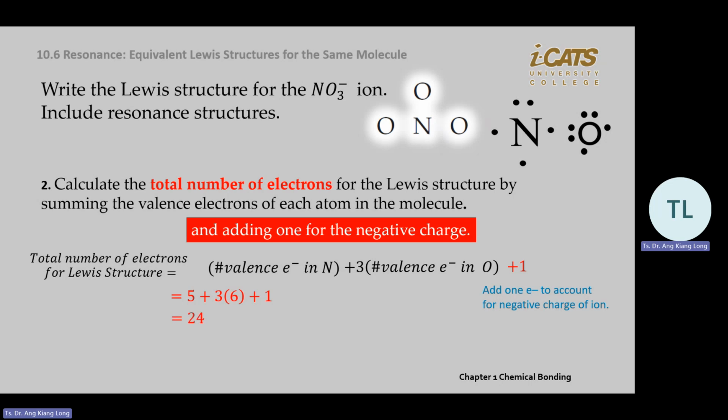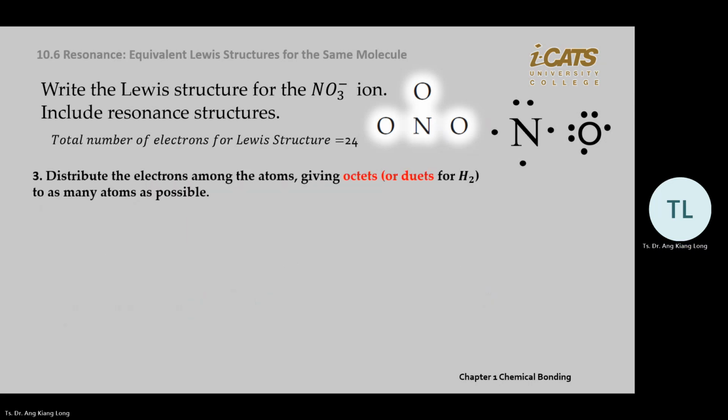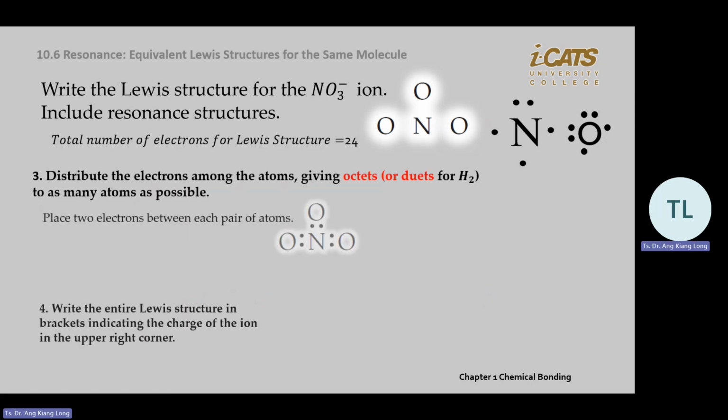Again, remember to check whether the ion is positive or negative charge. Then you distribute. Start with the bonding pairs with the middle one. Since you have a skeletal structure of 3 neighbors, you give 2 electrons to each of the neighbors, so you use 6. 24 minus 6, you get 18. Then divide the lone pairs to the neighbors.